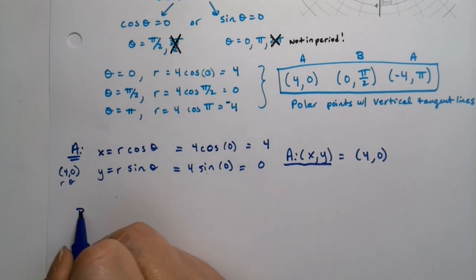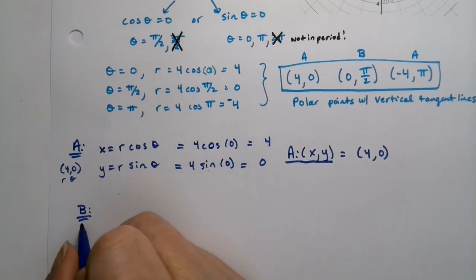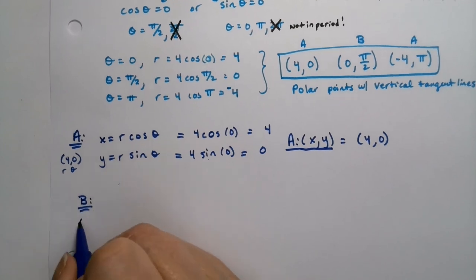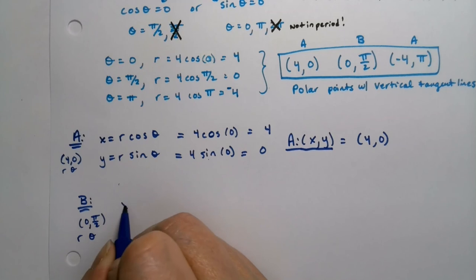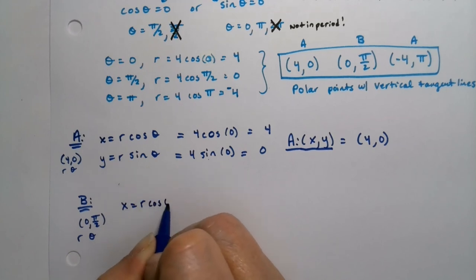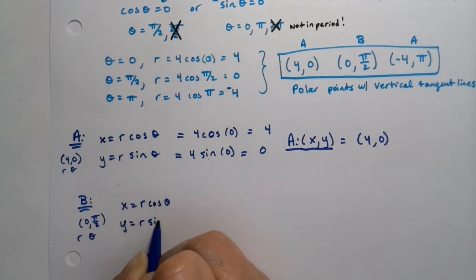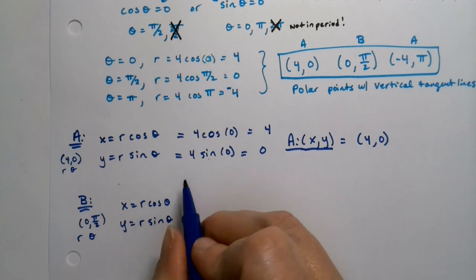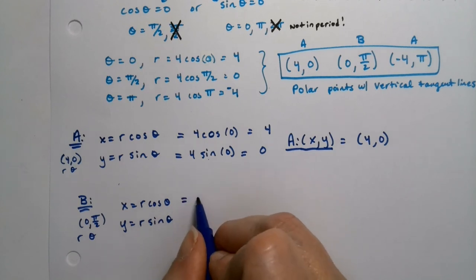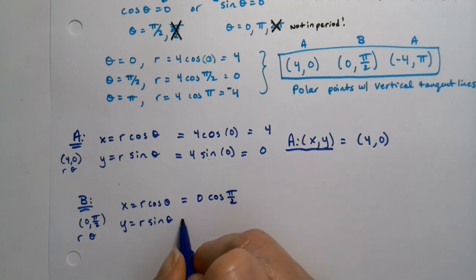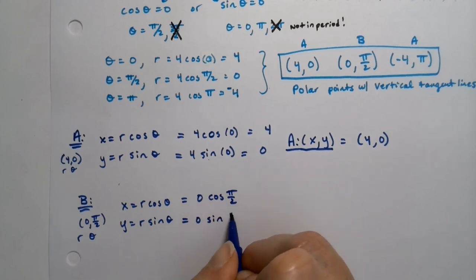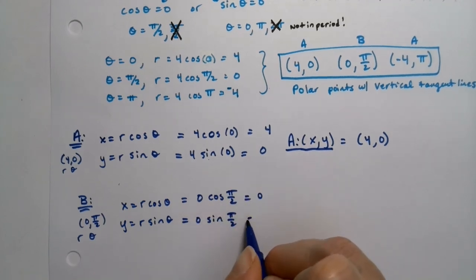All right, so for B, that point was 0, pi over 2 as our r and theta. So x is equal to r cosine theta, y is equal to r sine theta. So this would be equal to 0 cosine of pi over 2, 0 sine of pi over 2, which any way you slice it is 0 and 0.